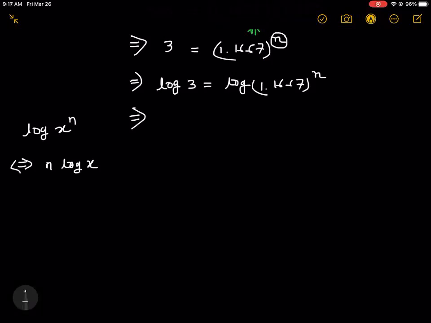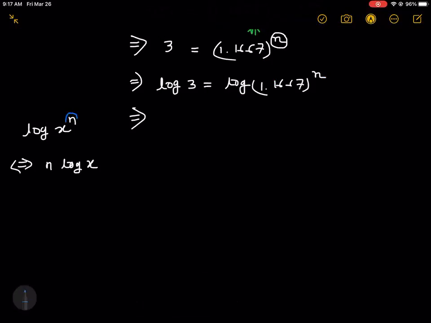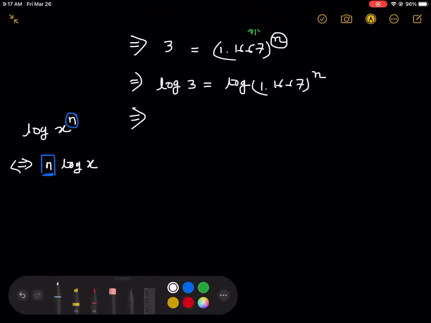That's the property of log, the logarithmic property. We can write this exponent in front. And this way you can see we can actually isolate this pretty easily. So let's use this property.